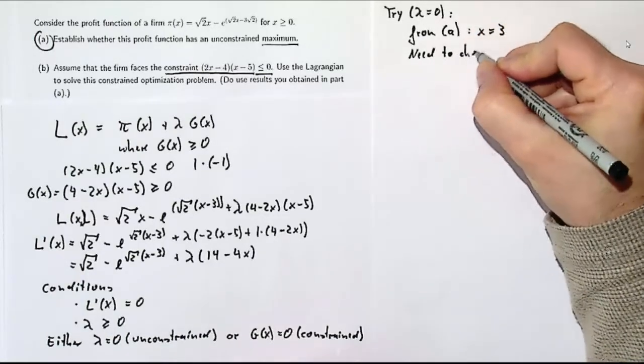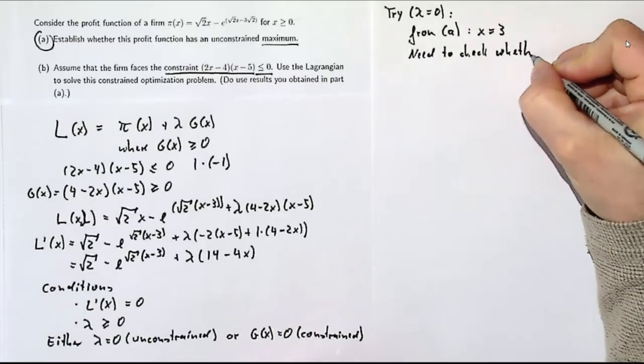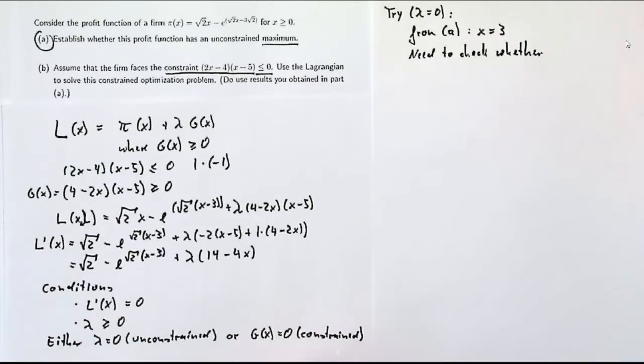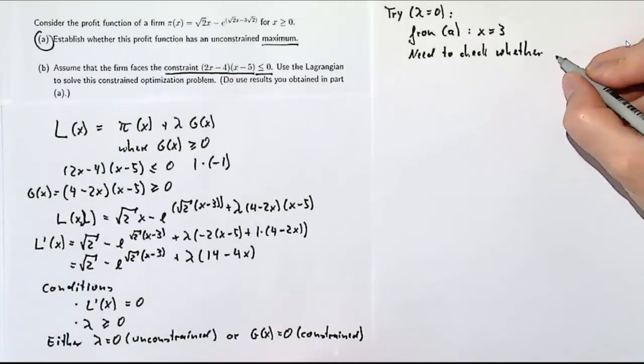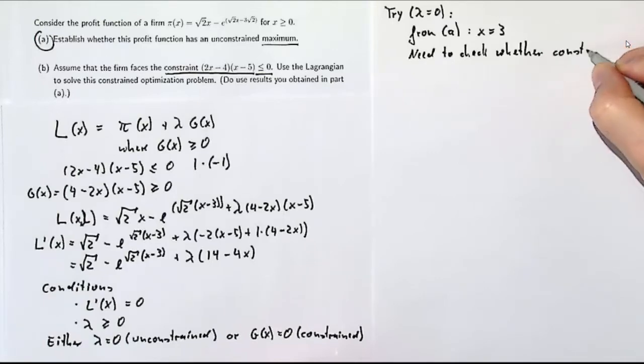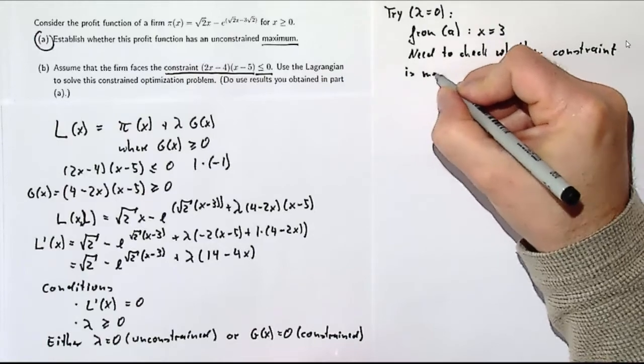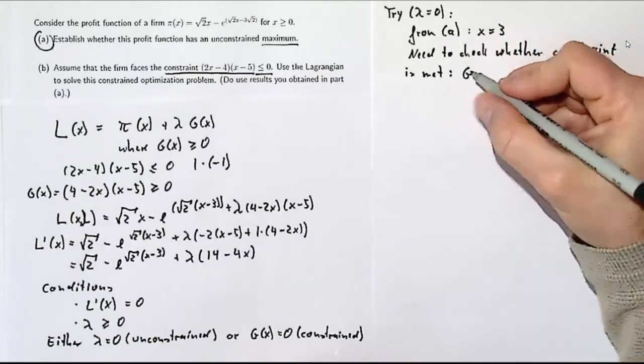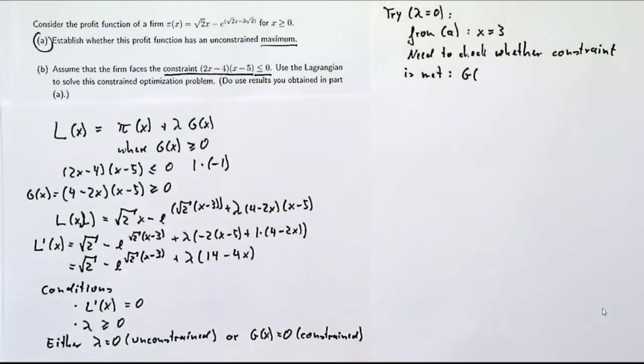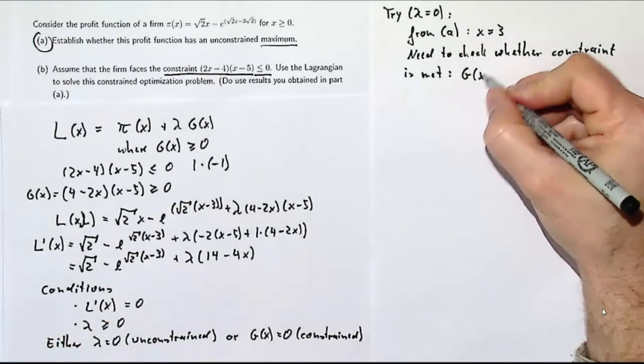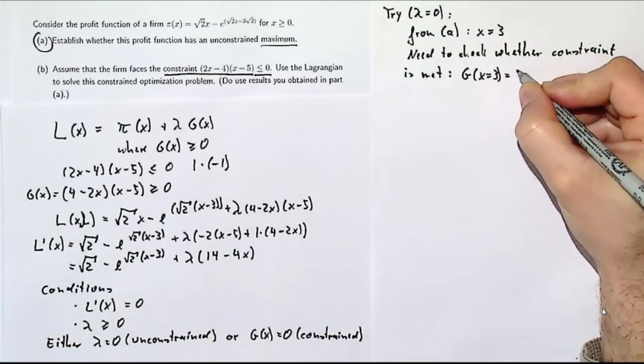In fact, we've solved that already in part A. We know that the unconstrained maximum is at x equal to 3. And in some sense, all we need to check now is whether that solution meets the constraint. Is that inside our possibilities restricted by the constraint?